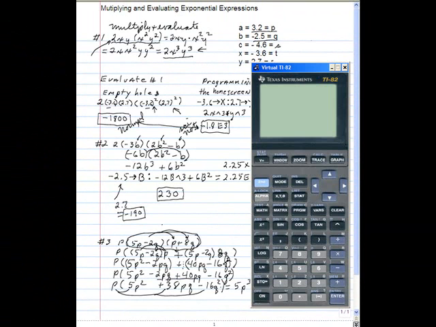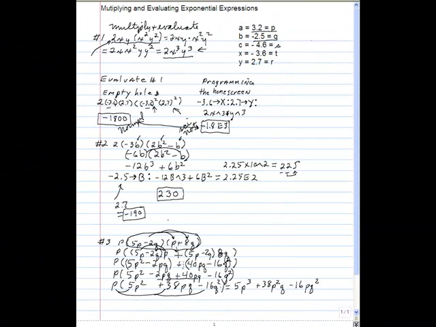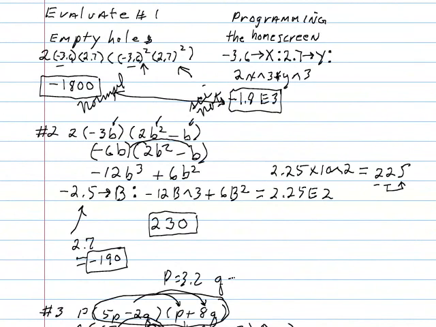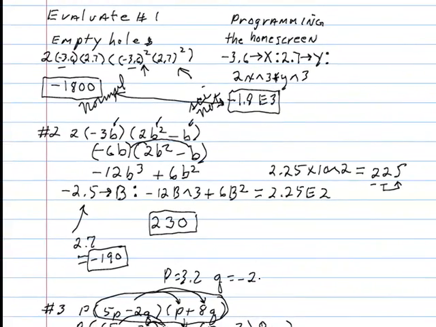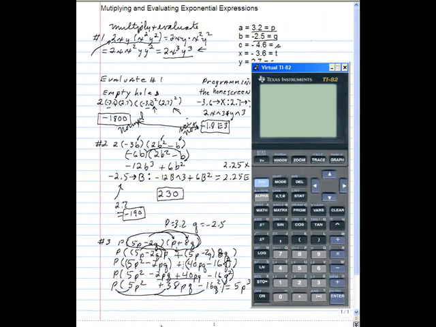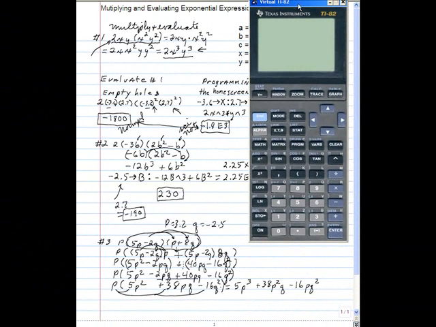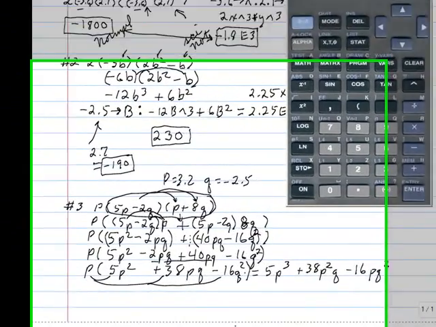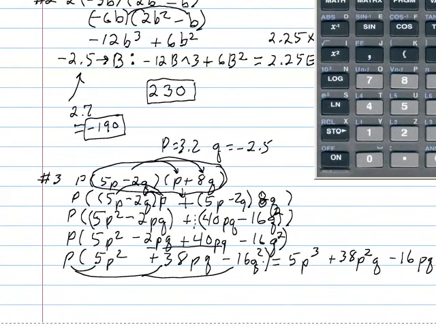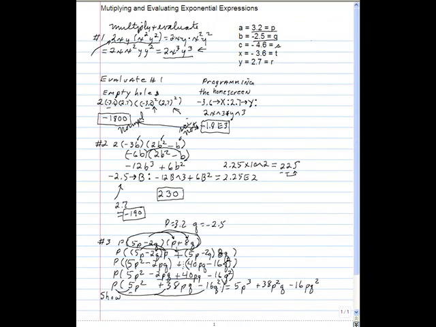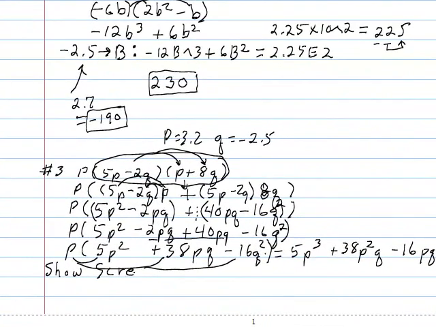Let me make a little note here. p is 3.2 and q is negative 2.5, and by making that note I can now drag my calculator up here so that it's out of the way of the bottom. A lot of times on your test, I'll say show screen. When you see that on a test, it means show what is on the calculator screen.